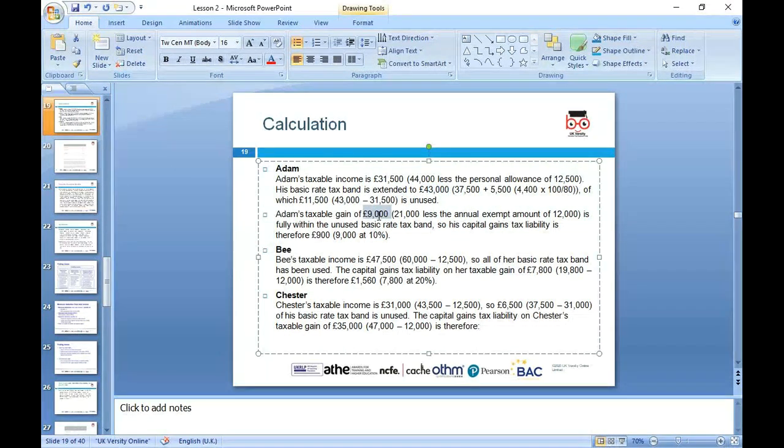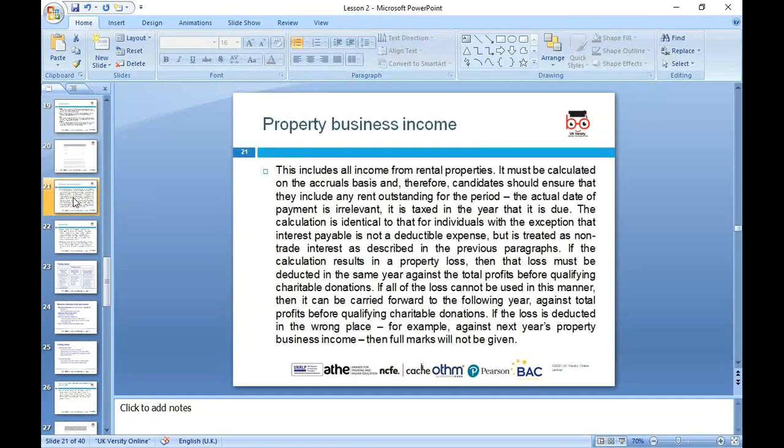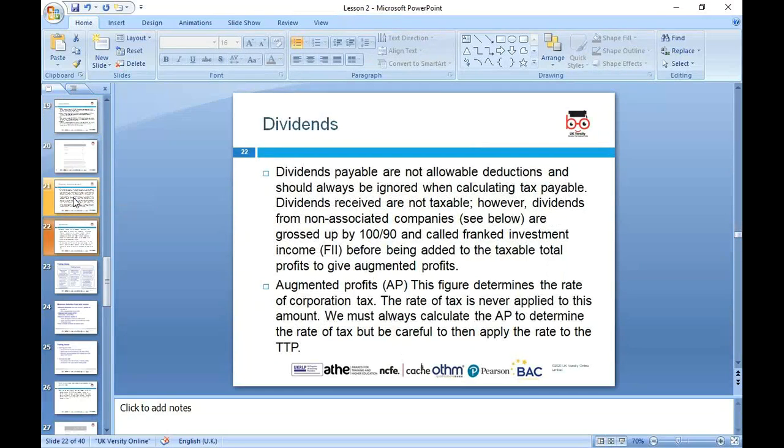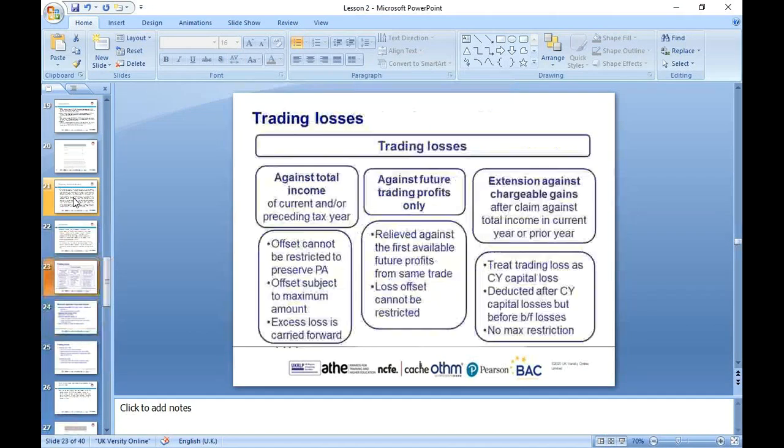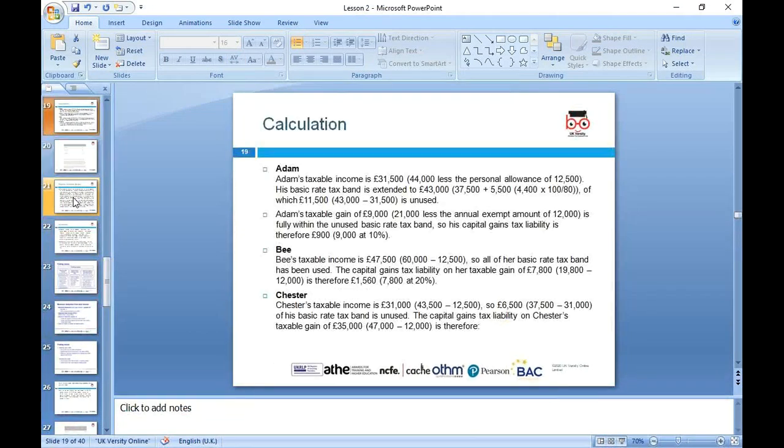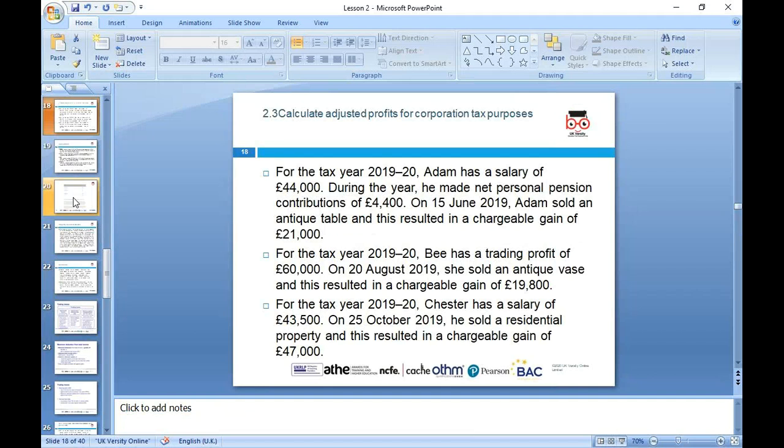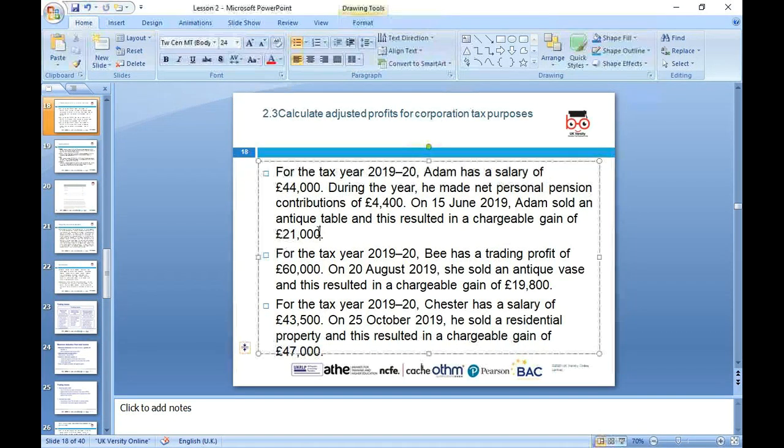So his taxable gain is, because his total gain, how much is the total gain? If we go back to the slides. So if we look here, Adam's total chargeable gain is 21,000.